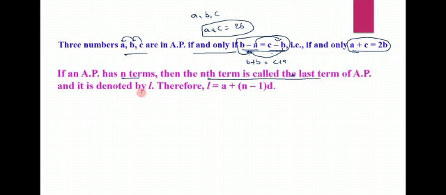It is denoted by L, which we have discussed in the previous slide already, and L is equal to a plus n minus 1 into d. Why? Because L is the last term, which is also said to be the nth term of an AP. So these are the important synopses regarding arithmetic progressions.